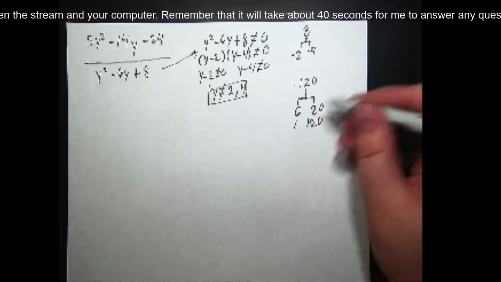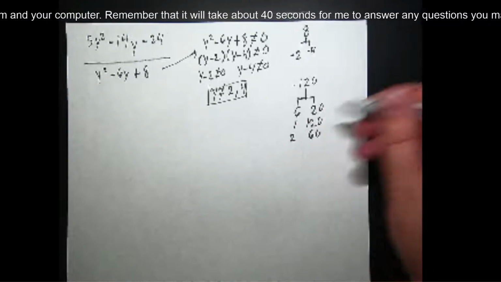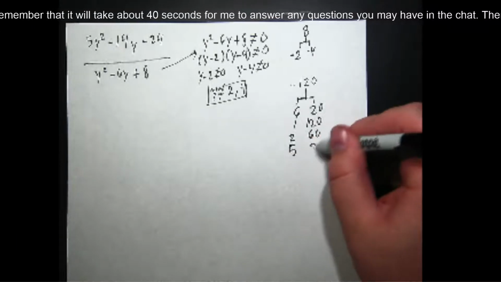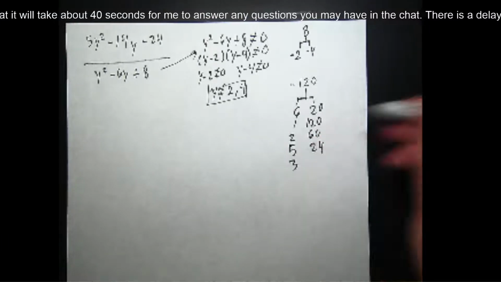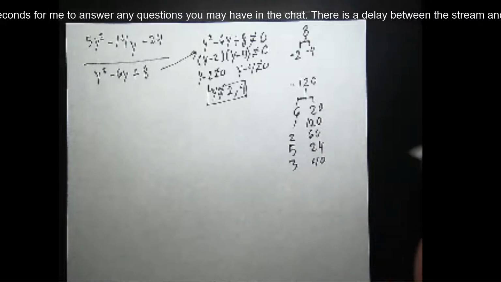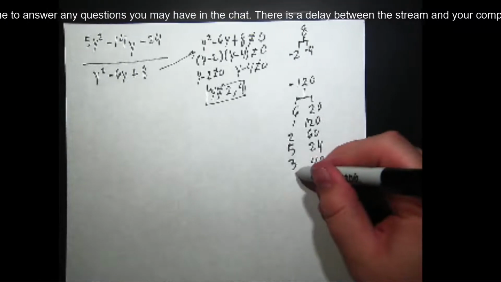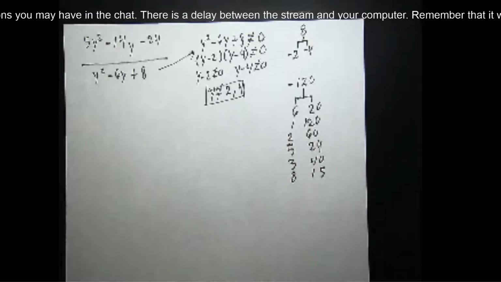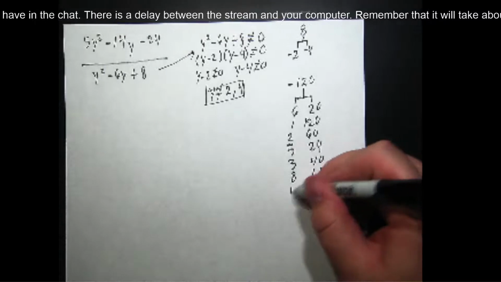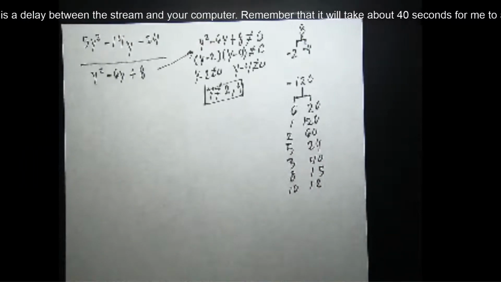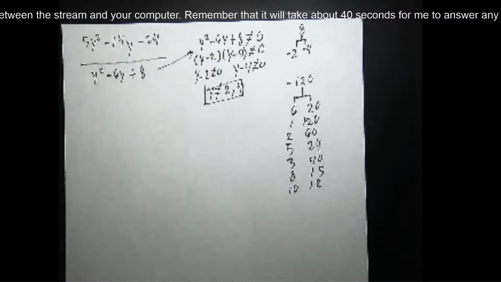We've got 2 and 60. 5 and 24, of course. 3 and 40, you said? 8 and 15. Yeah, 10 and 12. Are there any others? I can't think of any.